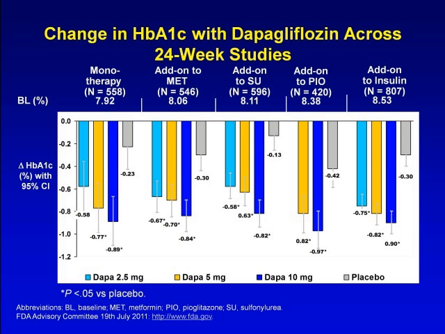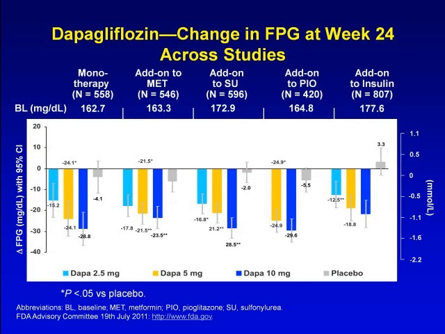And those are the doses that are available. The patients can be started even on 10 milligrams a day in clinical practice. If you look at fasting glucose from all those studies on the next slide, you see a similar reduction in fasting glucose in a dose-responsive manner.